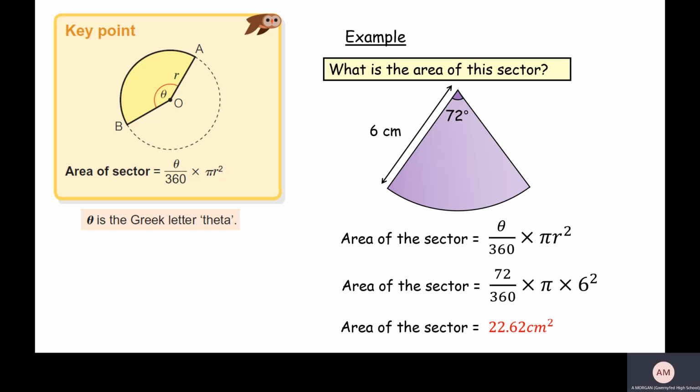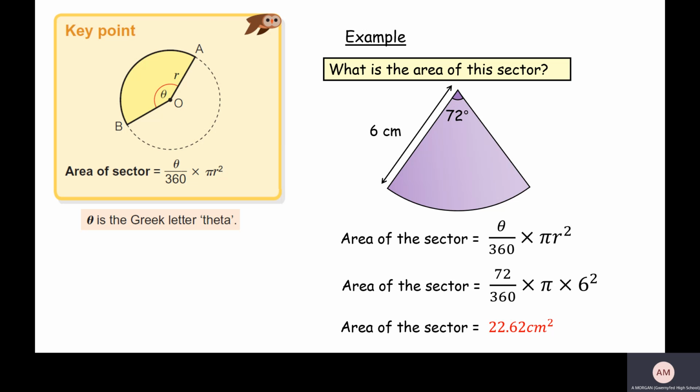Let's have a look with an example. So we've got a sector here, and it's got 72 degrees as the angle and 6 as the radius. We want to know the area. So our formula says theta over 360 times pi r squared. Now, theta is the angle of our sector, so we can replace that with a 72.